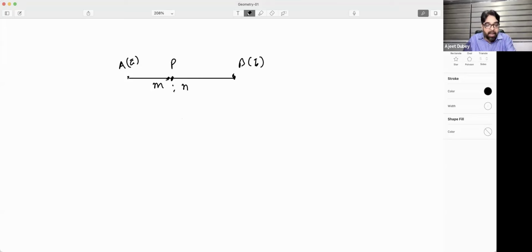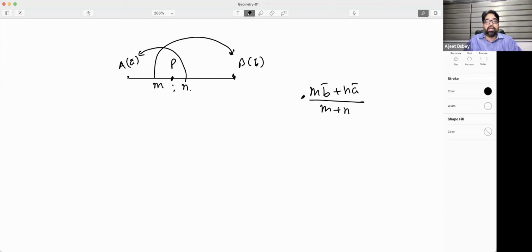Whenever internally, m is attached with A and n is attached with B. So m attached with A should multiply with B, and n attached with B should multiply with A. This is the trick to find it out. So m into b plus n into a, divided by m plus n, the sum of the ratio. This is the position vector of P.